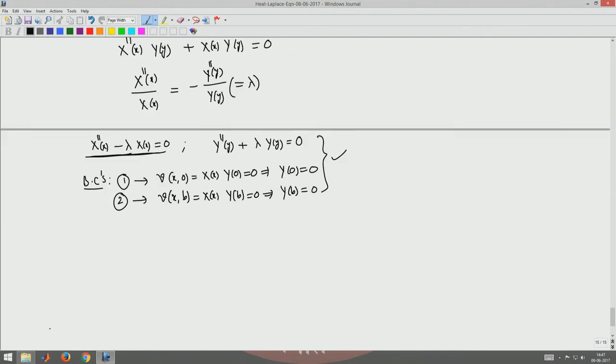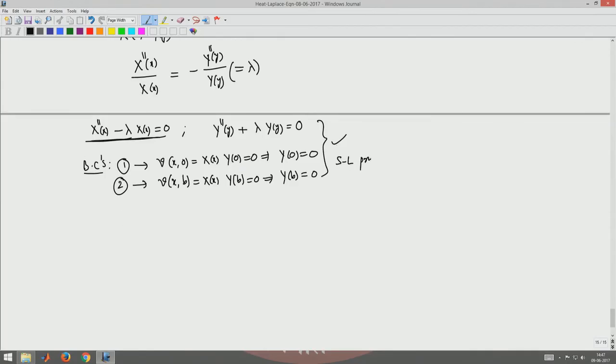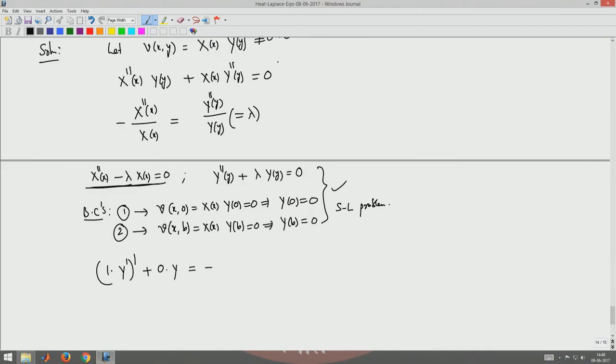So let us see what the Sturm-Liouville problem is. So this is the Sturm-Liouville problem, obviously regular because it is in Cartesian coordinates. So you have (1 into Y dash) dash plus q, which is 0, into Y equal to minus lambda. If you do not want the minus here, you can make it plus by dividing both sides.